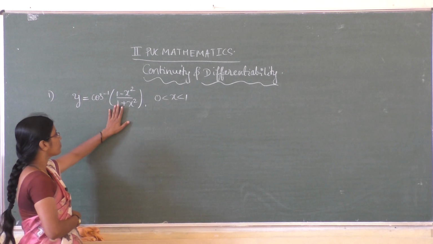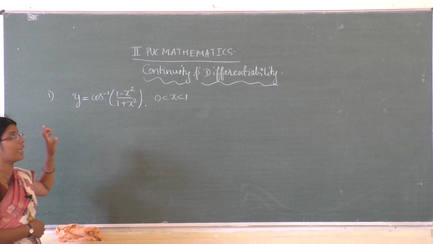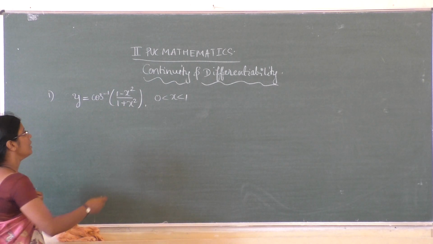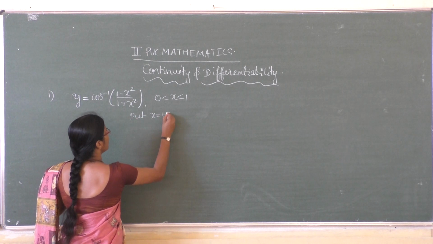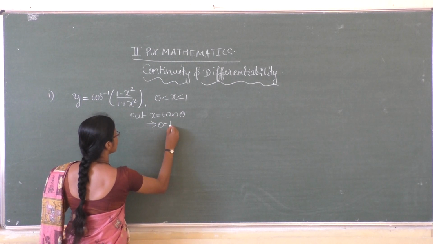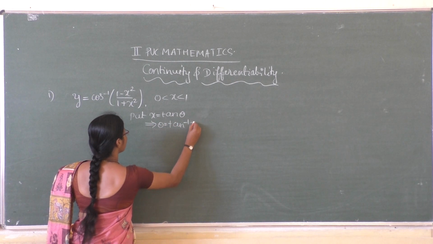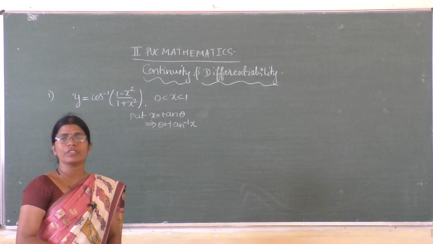Here, give a substitution: x equal to tan theta. Once you give a substitution, also take the reverse, that is theta equal to tan inverse x, because we always take the function in terms of x.